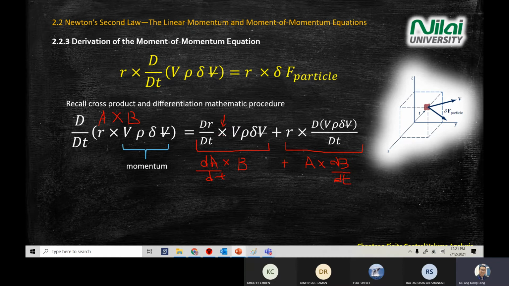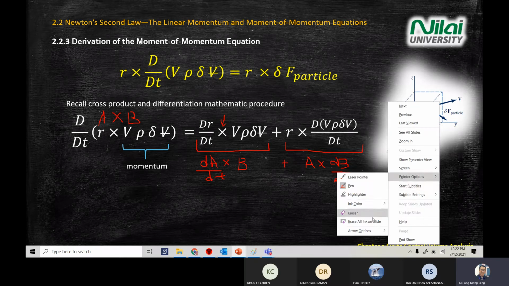So there's a cross product times the velocity, density, volume, plus r cross the differentiation of the second parameter, which is your momentum, divided by time. Okay, stop me if anything looks weird to you and ask me to explain if you don't understand. All right, let me clear my pen and move forward.